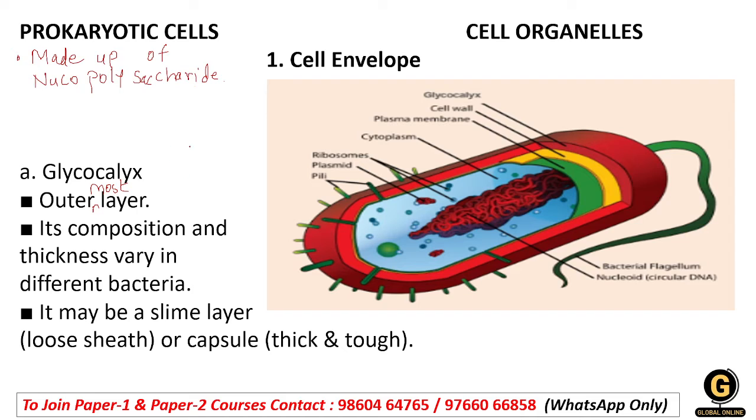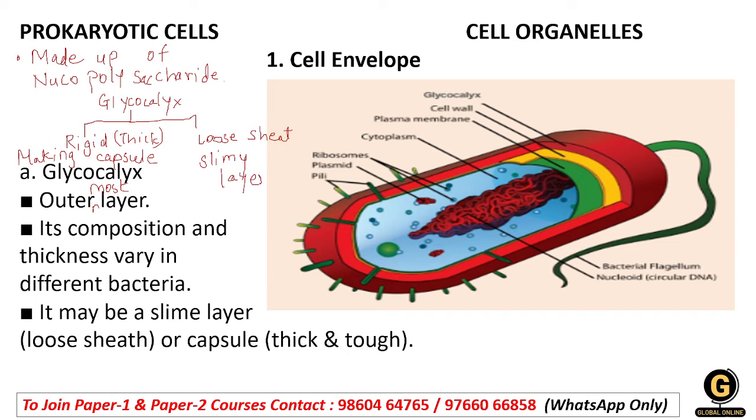It has different composition and the thickness varies. If the covering is rigid, that means if it is thick, it makes a capsule, called a capsule. Whereas if it is a loose sheet, it is called a slimy layer.